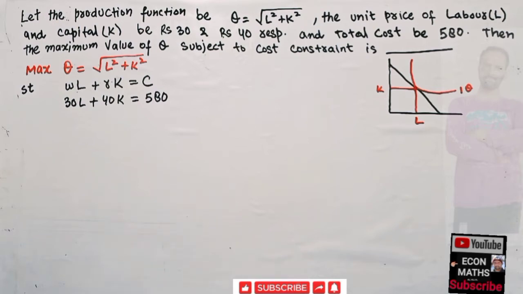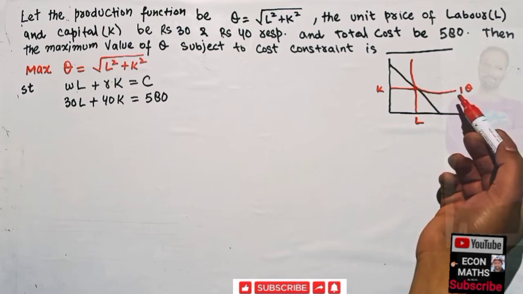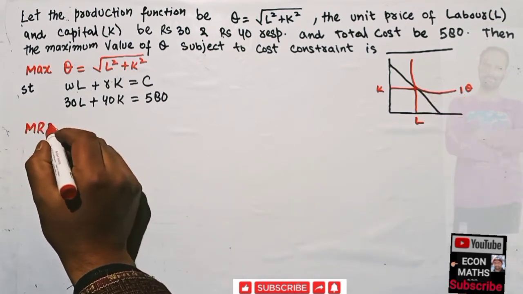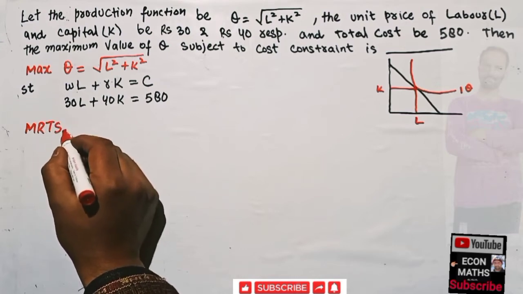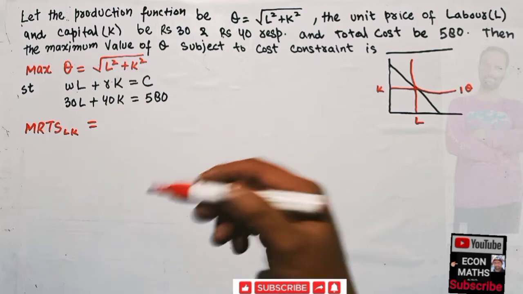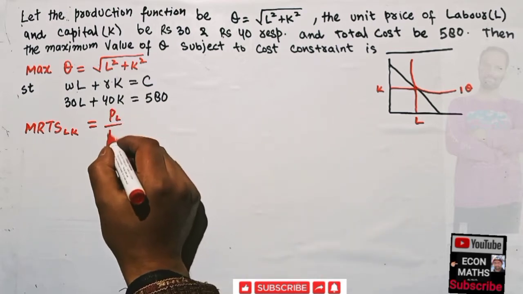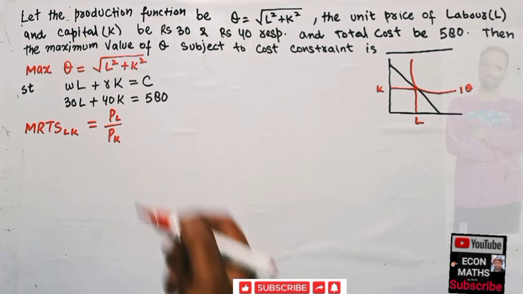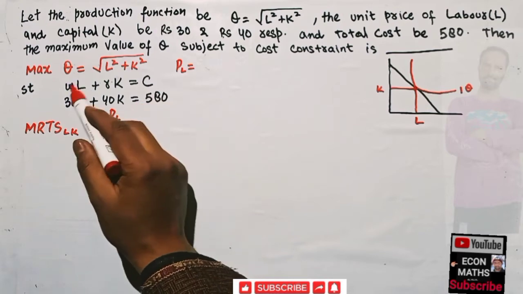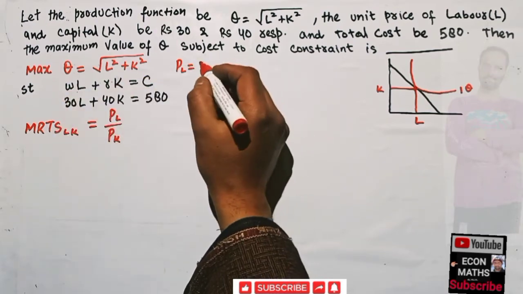This means that the marginal rate of technical substitution between labor and capital should be equal to the price ratio, that means price of labor upon price of capital. Price of labor is given as 30, which is the wage rate.